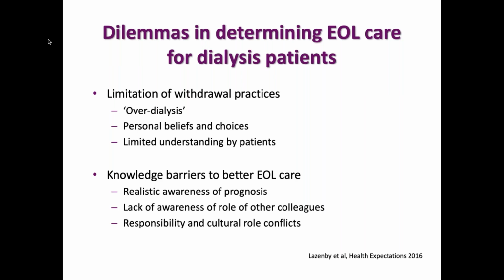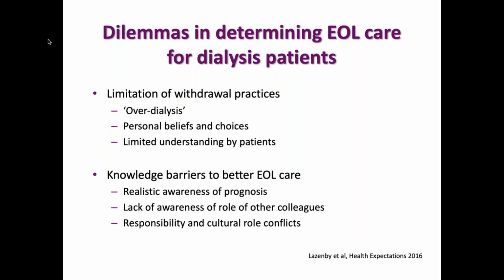We also face a number of knowledge barriers which prevent us from providing better end-of-life care. As I said before, we often are not able to make a realistic judgment of the prognosis. We often don't know what could be the role of perhaps other colleagues. We as physicians are used to being in charge, and we often don't talk to our other colleagues like nurses or social workers about their assessment of the prognosis of such an individual.